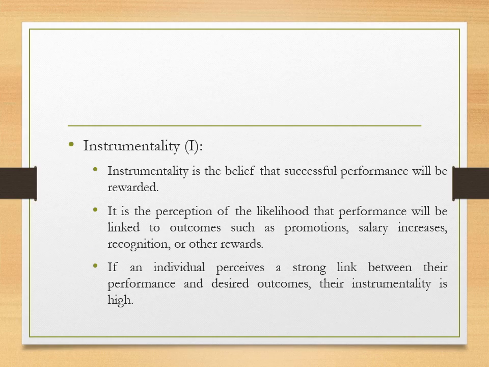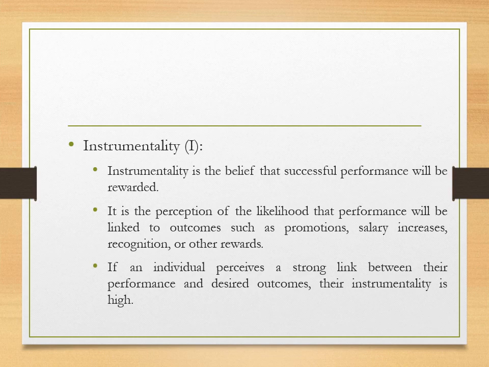The second key concept in this theory is instrumentality. Instrumentality is the belief that successful performance will be rewarded. It is the perception of the likelihood that performance will be linked to outcomes such as promotions, salary increases, recognition, or other rewards.